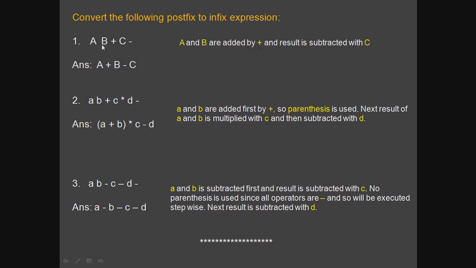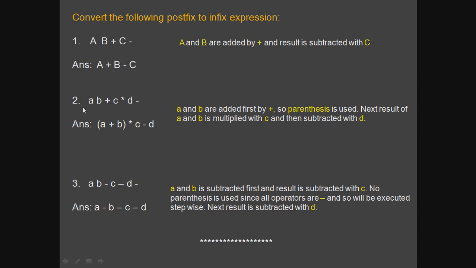As you know, the operator is written after the operands, so whichever operands are written just before the operator will be evaluated by that operator. So a b will be added by plus, and so we get a plus b, right? And then the result of that will be subtracted by c. So the minus operator comes first and then c will be written.